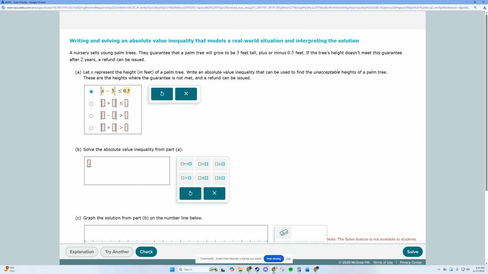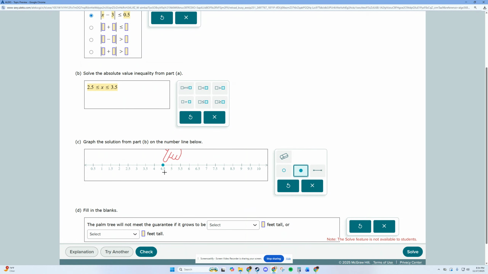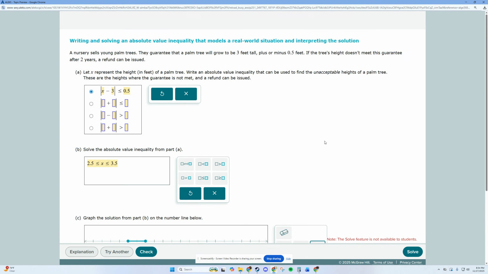I wonder if I can put it as an in-between. Okay, we have 2.5, 3.5, bang. Okay. Wonder if, if they tell you, oh, wait. You guys got to read. This said to find the unacceptable heights.